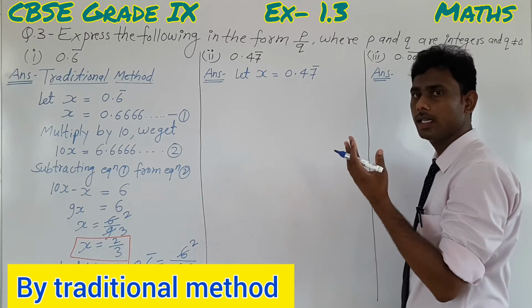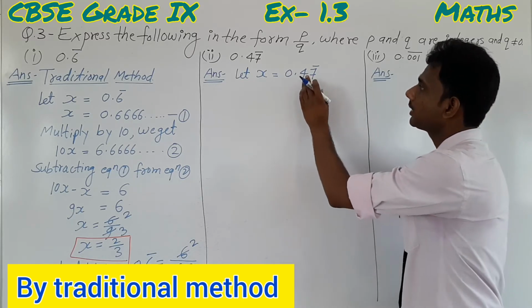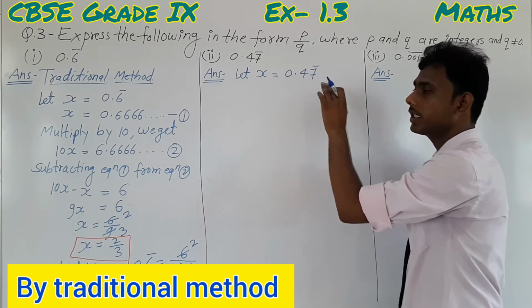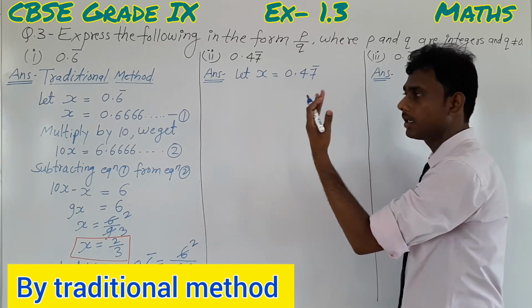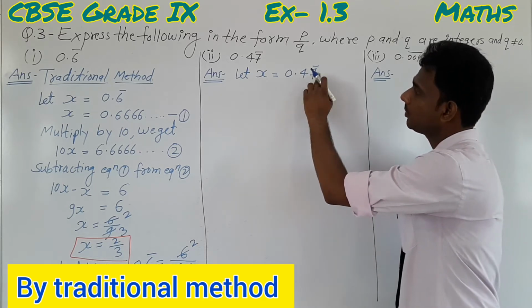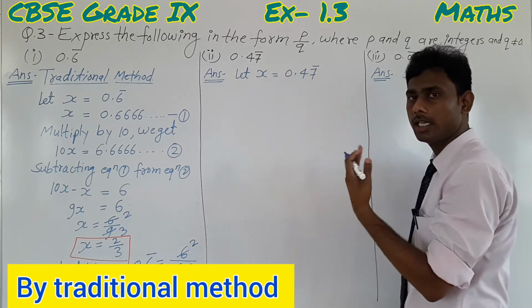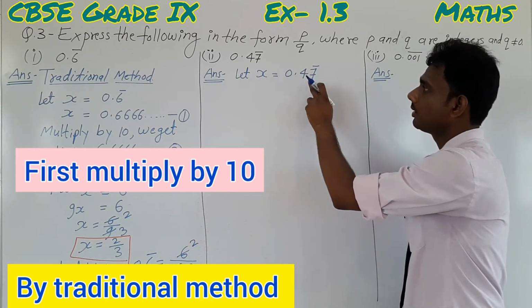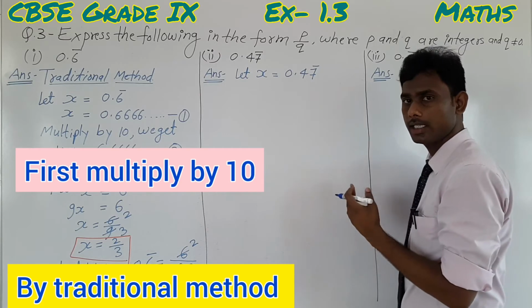First we take the number which has no bar, 4, before the decimal. So we multiply by 10, and 4 will be before the decimal.